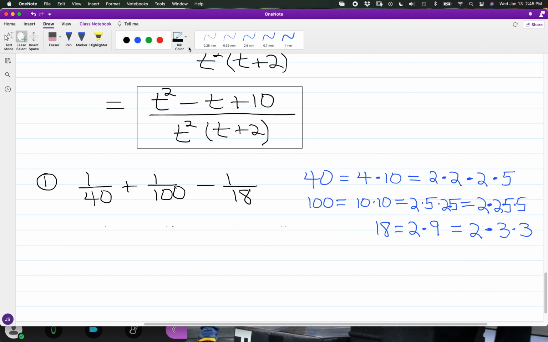So we have, looking for the least common denominator. So with the prime factors, you have 2, 3, and 5.